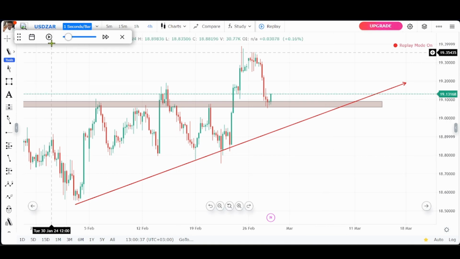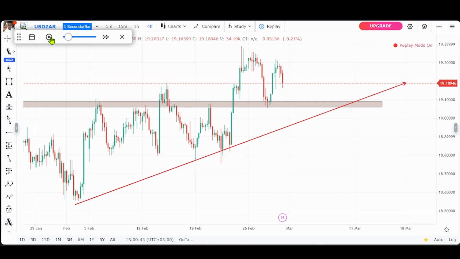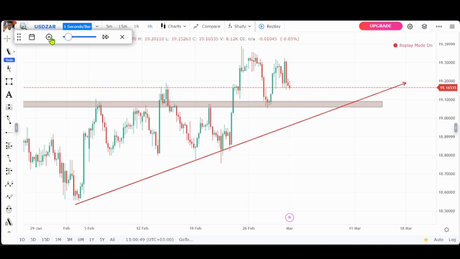Let's see what happens. Now we can see that the market has made two tops.